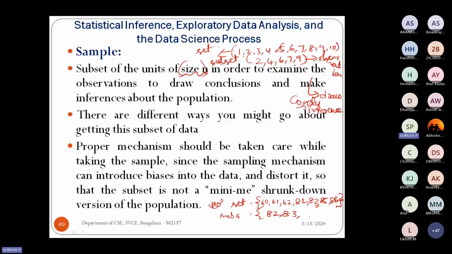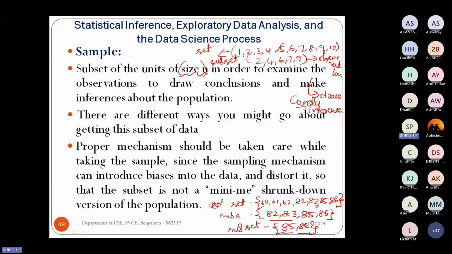From this I can arrive at a conclusion. I can even bifurcate and make another subset which is greater than 85, that is 85 and 86. Now from here I can get the inference about the population that the two people holding the percentages of 85 and 86 are the toppers.